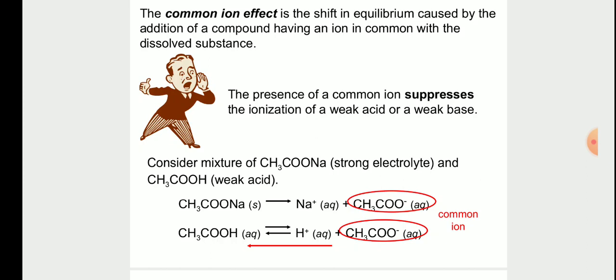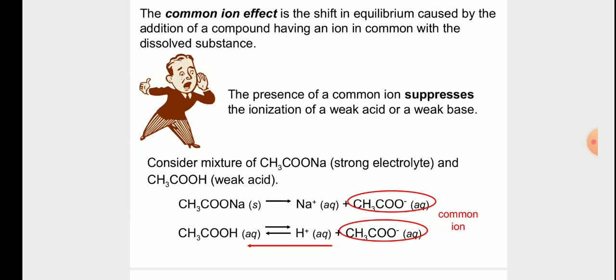Again I want to summarize, please note it. When two species are present in the aqueous solution, and after dissociation they produce a common cation or common anion, then if any species is weak, its dissociation is hampered due to this common ion effect.